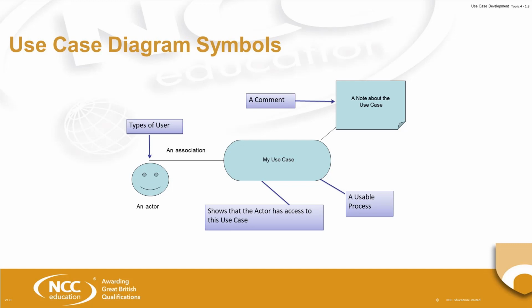That's a standard UML symbol for a note or a comment, as it's actually identified. Okay, so the association shows that the actor has access to a use case, and the note should be linked to the use case by a dotted line, and the use case represents a usable process by that actor.